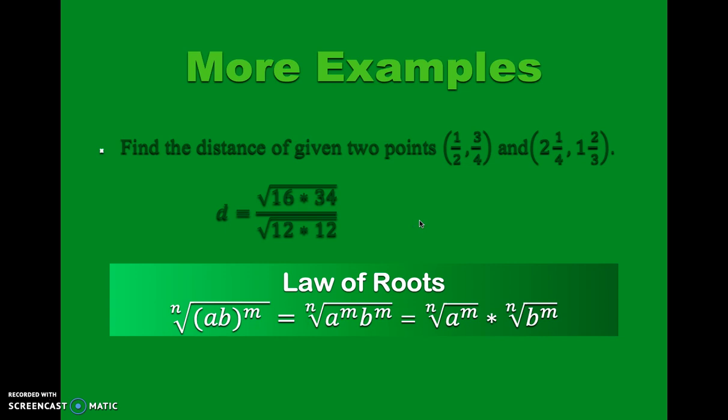By another law of roots, the nth root of ab to the m equals the nth root of a to the m times b to the m, which also equals the nth root of a to the m times the nth root of b to the m.